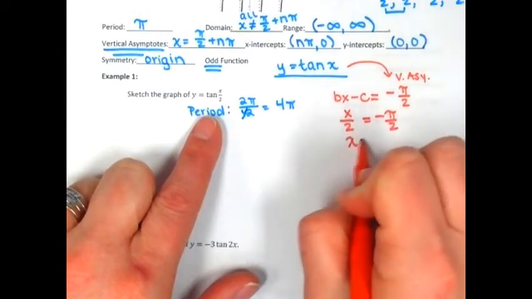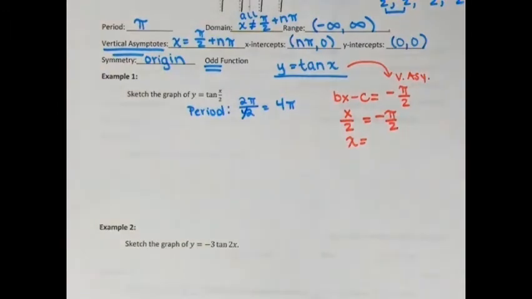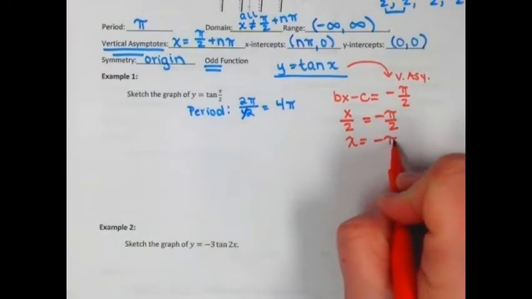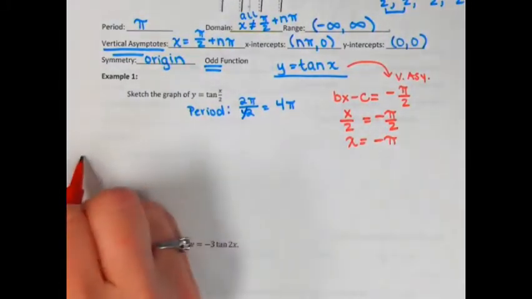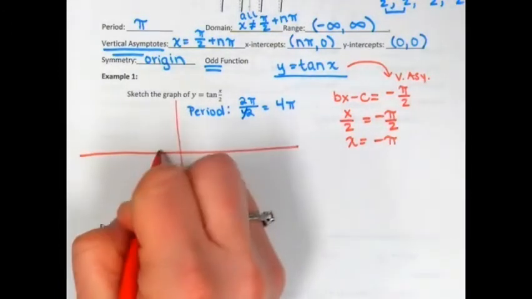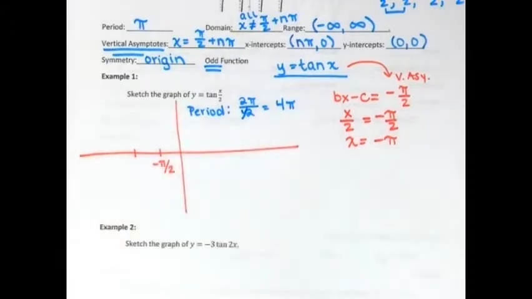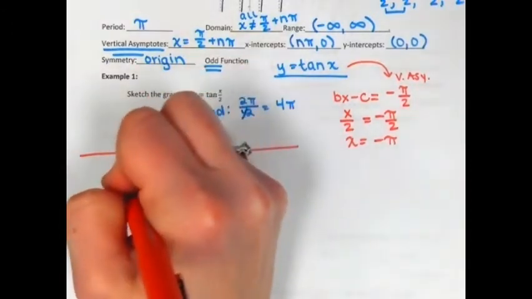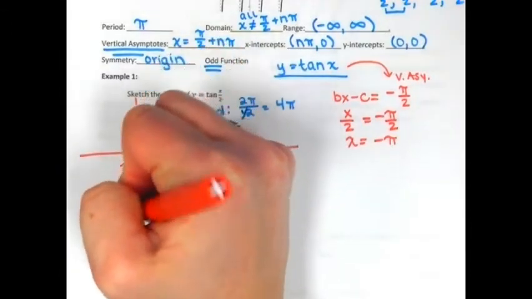So where is my first vertical asymptote going to be? Negative pi. Our first vertical asymptote is going to be at negative pi. So if I go and draw in, normally we have a vertical asymptote at negative pi over 2, but now we actually have one at negative pi.